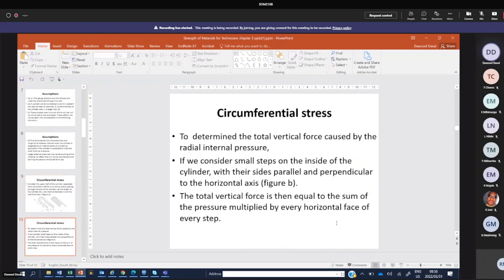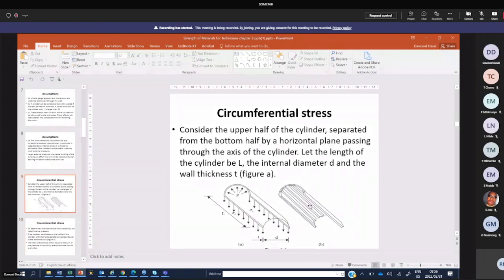Same thing here. There's the two halves. Remember, the circumferential stress is going to cause failure in the longitudinal direction. Remember what I'm telling you that, eh? The circumferential stress, the stress along the circumference, there's the P here. That's going to cause the cylinder to split in half.